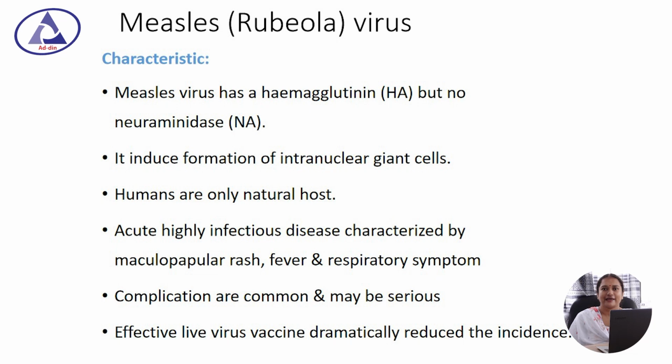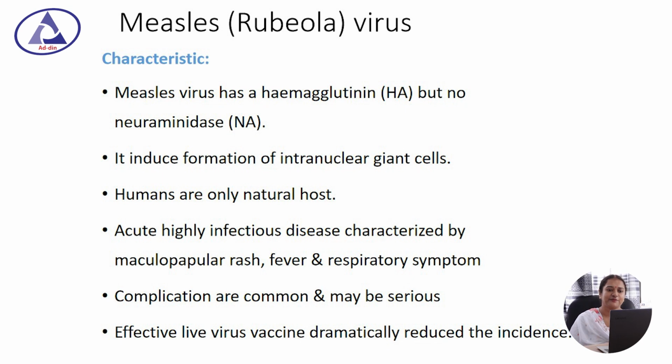Now I am going to discuss measles virus in detail. In today's session, we are going to learn about the characteristics, incubation period, pathogenesis, epidemiological features and clinical stages of measles virus. Characteristics of measles virus: it has a hemagglutinin but no neuraminidase.